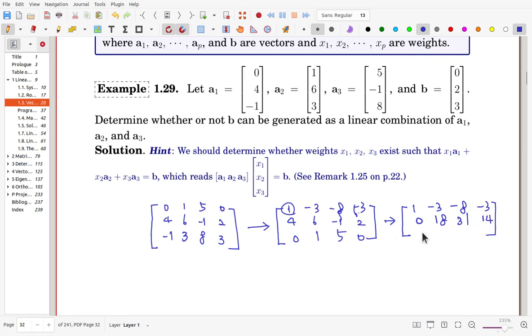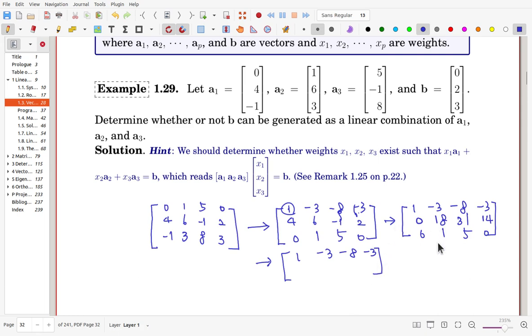Now that is here 0, 1, 5, 0. Okay. Now here, from this one, 1, -3, -8, and -3.